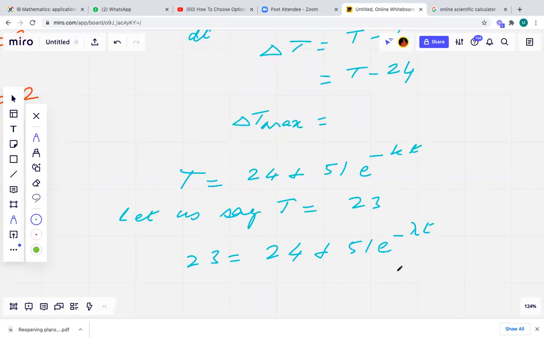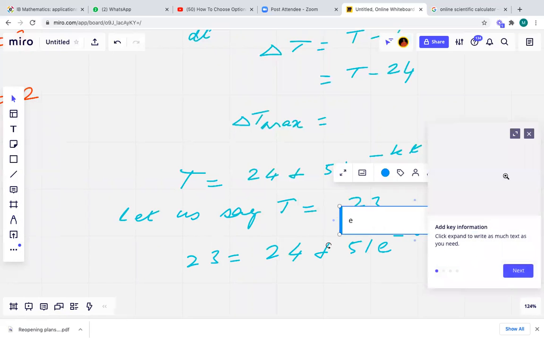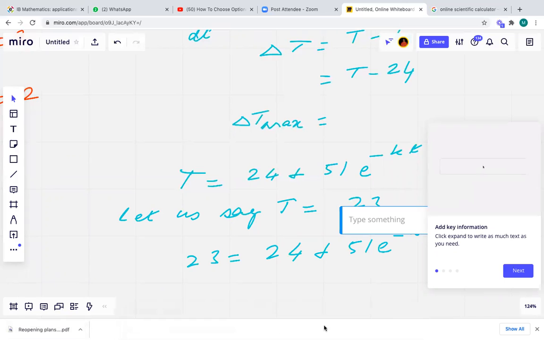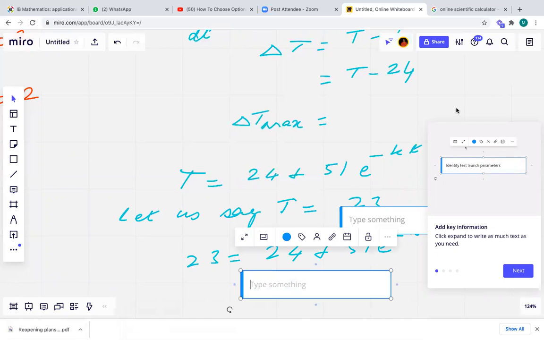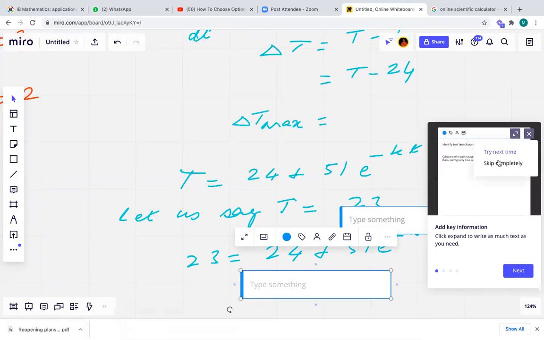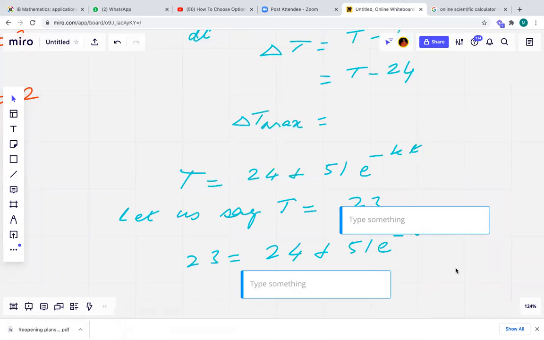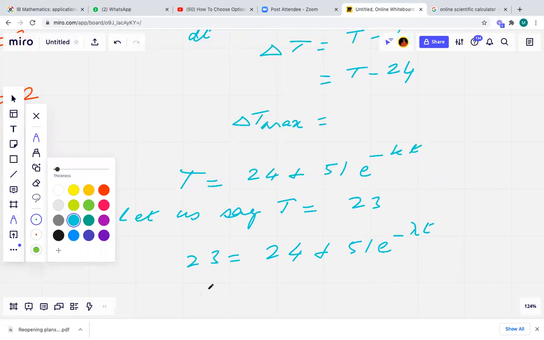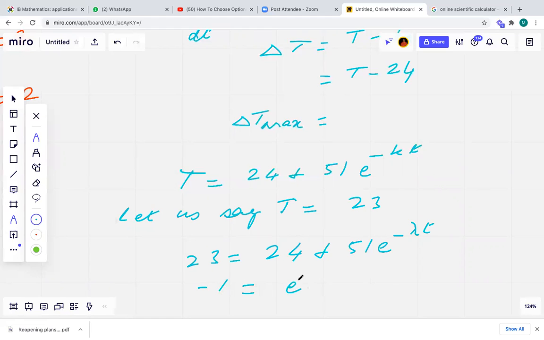So this means minus 1 is equal to 51 e to minus lambda t.